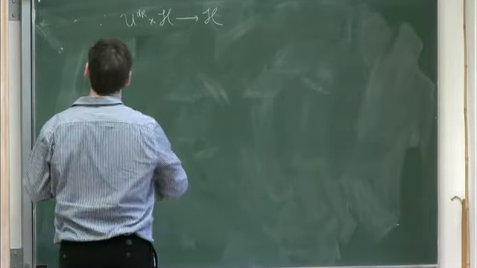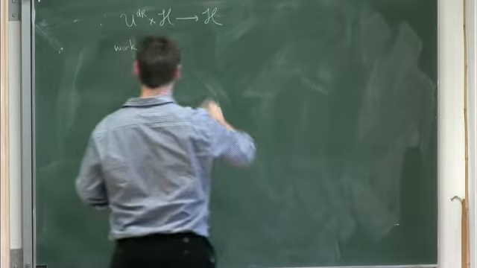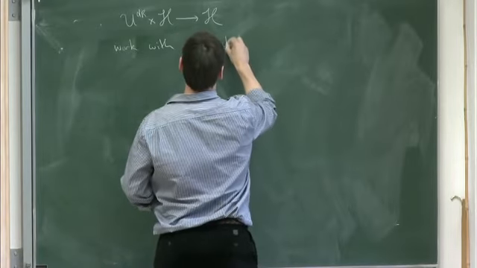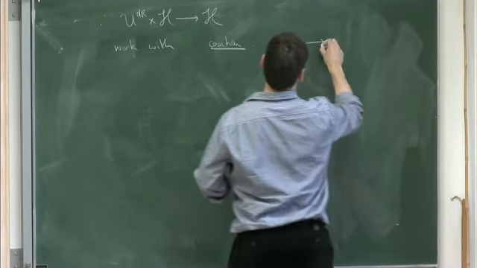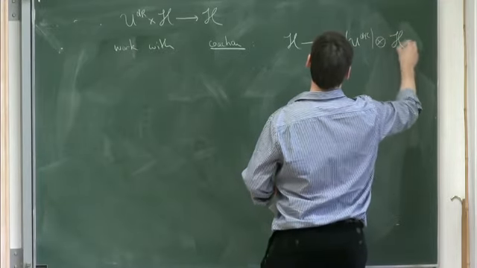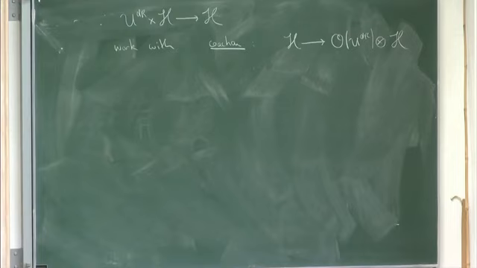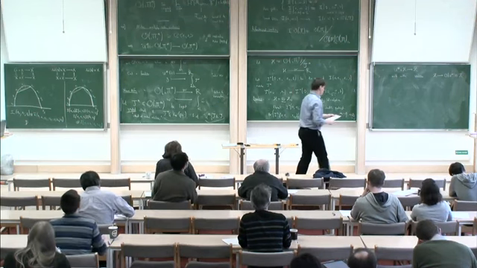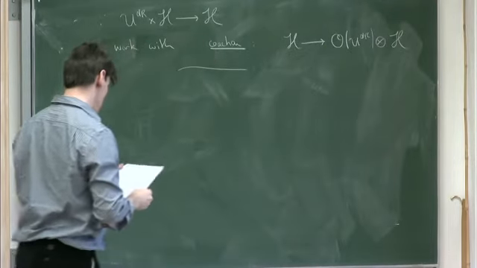I much prefer to work, so I will work from now on with the dual thing, with a coaction H to O(U_dR) tensor H. Right, so the whole game is to try to understand something about this coaction.